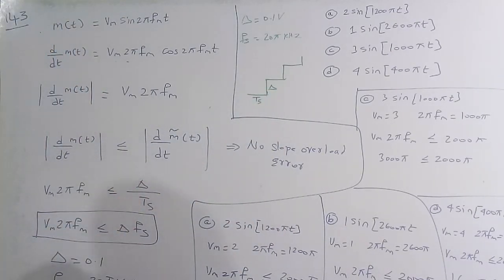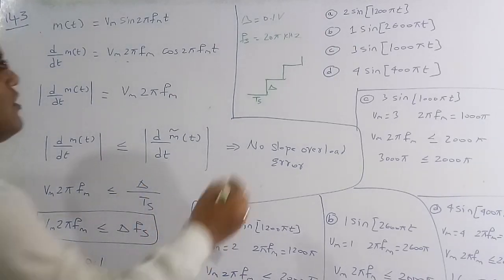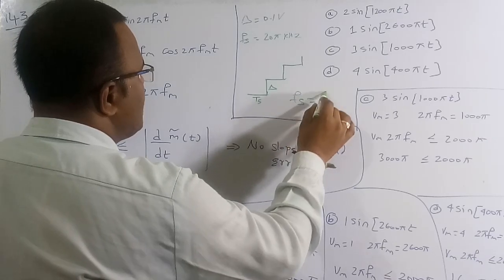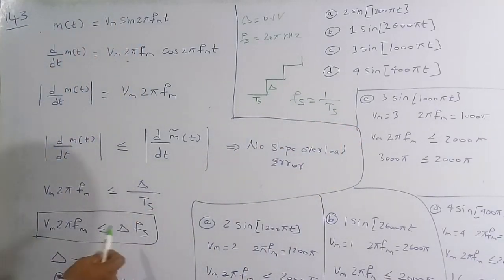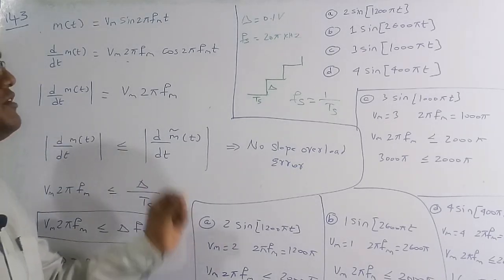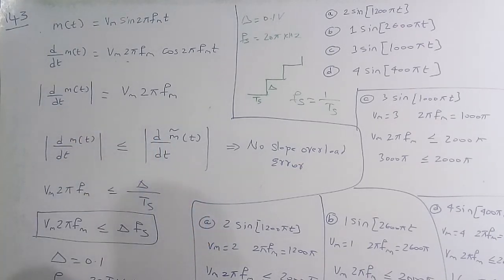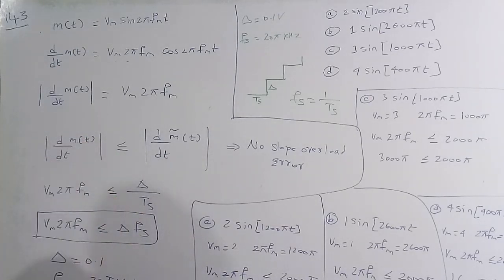Now 1 by Ts is nothing but the sampling frequency, because sampling frequency is equal to 1 by Ts, so we keep Fs here. So whichever message signal satisfies this condition, if you give it as input to this delta modulator, we are not going to get any slope overload error.